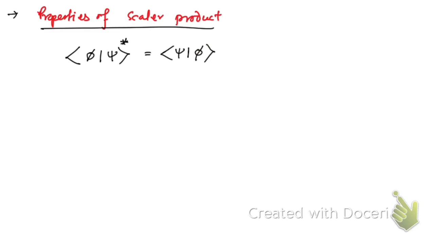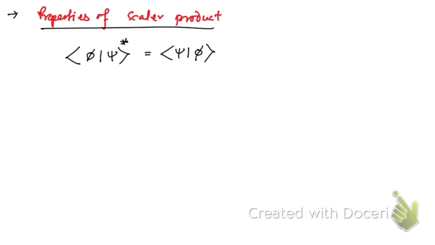The complex conjugate of the scalar product of phi and psi is equal to the scalar product of psi and phi, right? So it is not like the kind of vectors where the scalar product of A vector and B vector is equal to B dot A. So here this logic is not applicable. Okay, remember that.